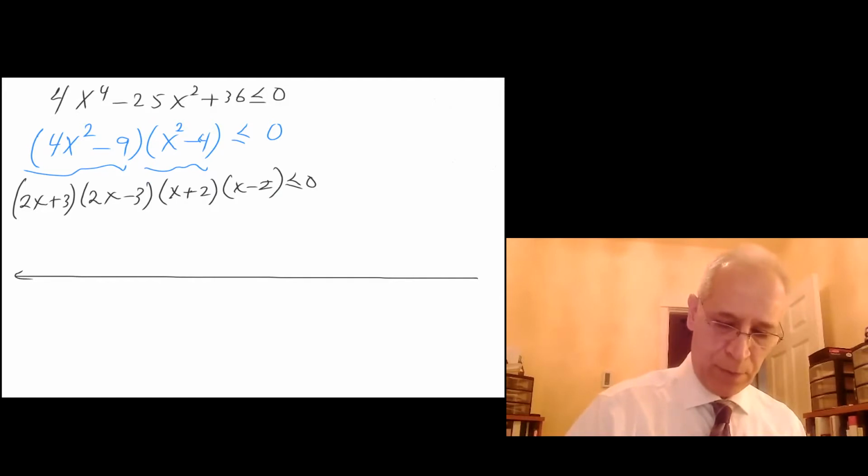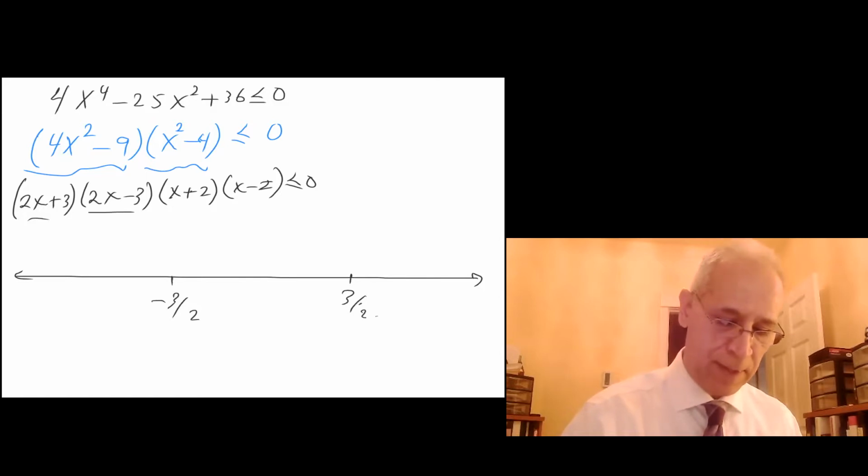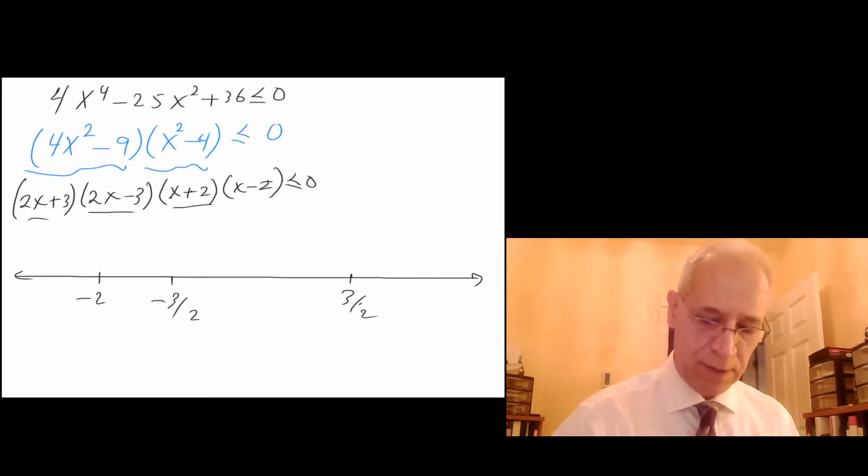So the critical points are: this one gives me x equals −3/2, so somewhere in here, −3/2. This one gives me x equals +3/2, so let's say in here. This one gives me x equals −2, so say here. And this one gives me +2, say here.